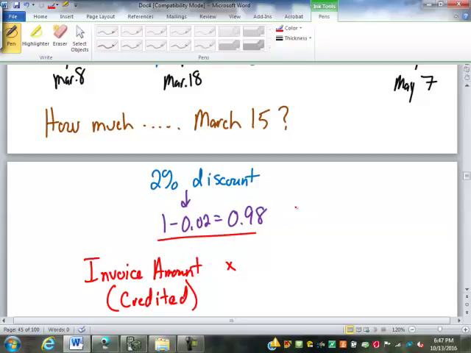I didn't use that term with the trade discount, but it's the complement of our discount. So 1 minus the discount rate equals the amount that we are going to have to pay.